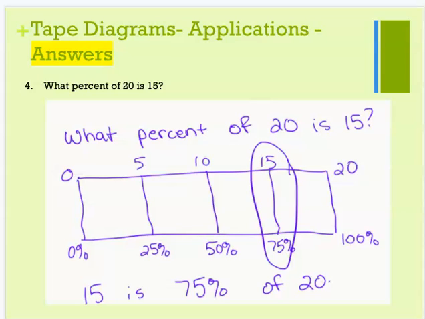And I know that there's 4 sections or 4 groups of 5 in 20. So this time I broke it down into quarters, or 25%, 50%, and 75%. And I know that 15 is 75% of 20. So I hope you continue to try tape diagrams visually.